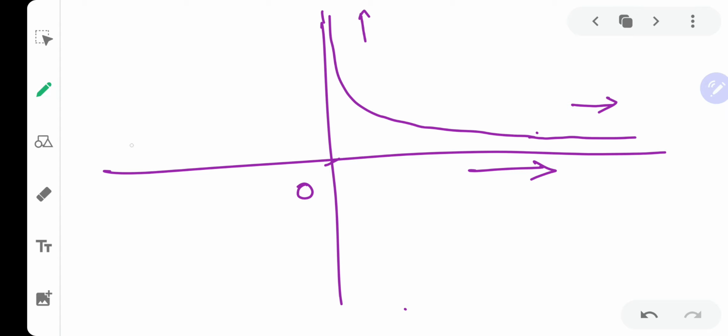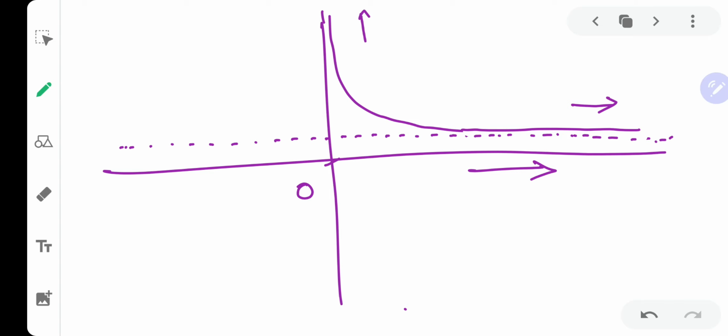So let me do one thing. I will drop an asymptote like this, which will be a tangent to the graph at infinity. It will never be able to reach 1, as you can see.